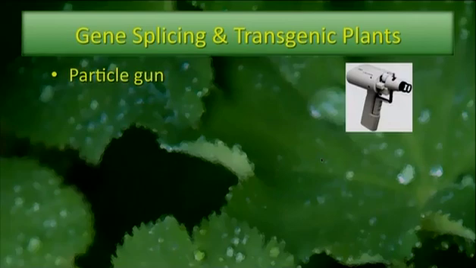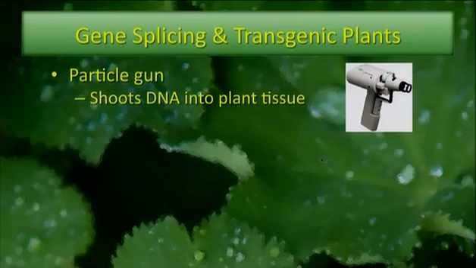Now, when the Agrobacterium technique was first developed, it was not usable for monocots. So they invented the particle gun, which is an alternate strategy for getting genes into monocots. It literally shoots DNA into plant tissue.